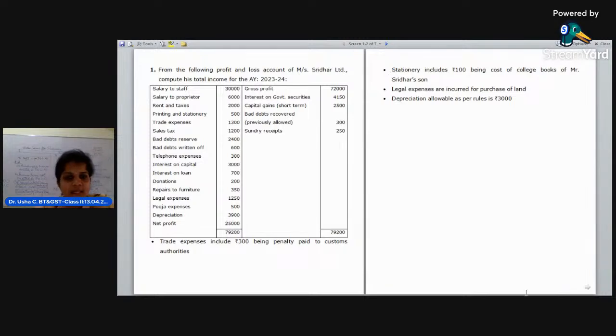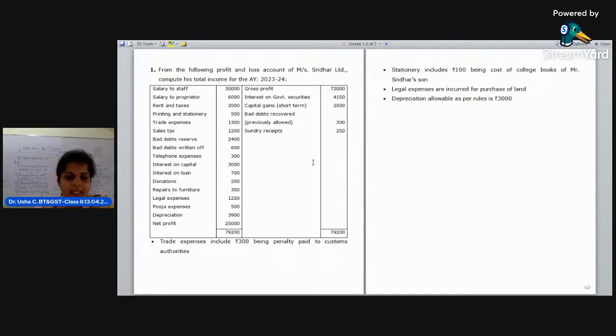Next is sundry receipts. Sundry receipts can be any business receipts. Since they are not specified, they can be taken as business income. Okay, we can consider this as business income. So we can now consider the additional information, that is trade expenses.